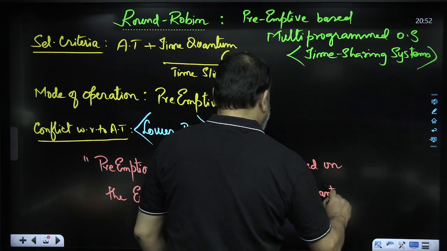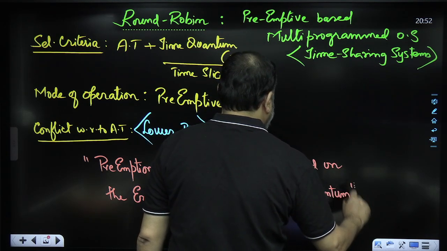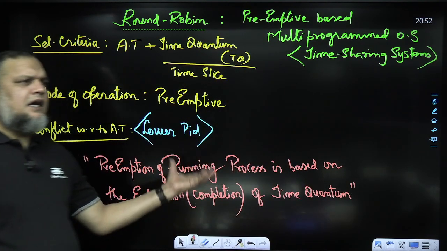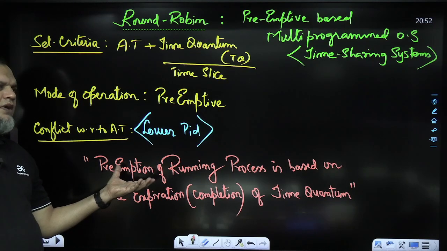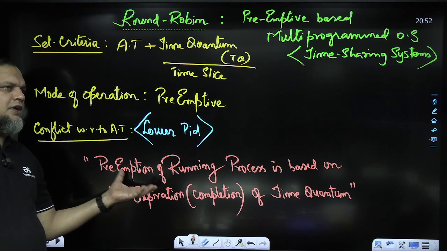Based on expiration or completion of the time quantum. This is the nutshell, the precise summary of the working of round robin.